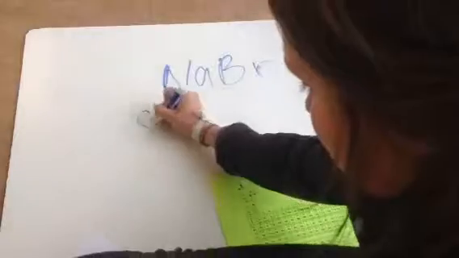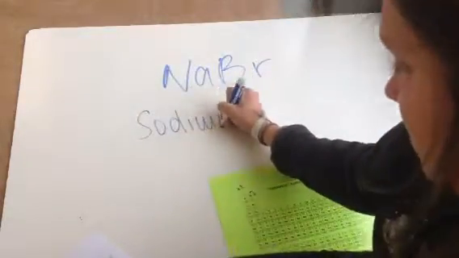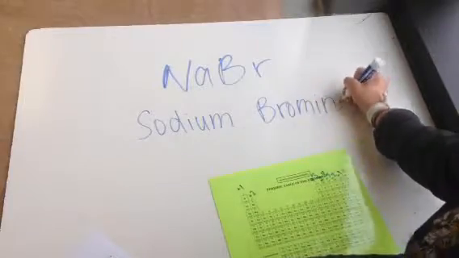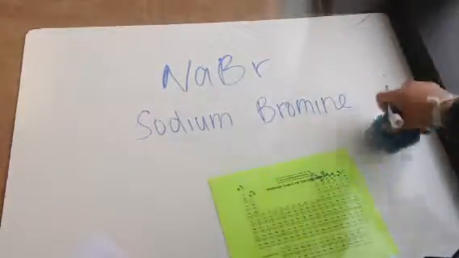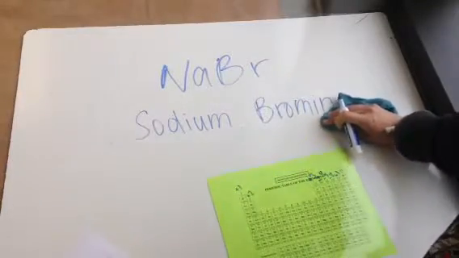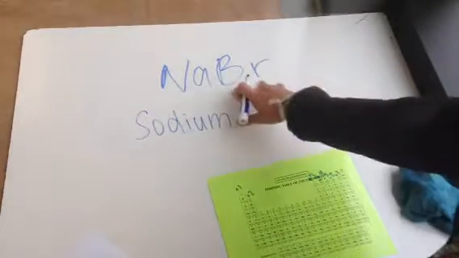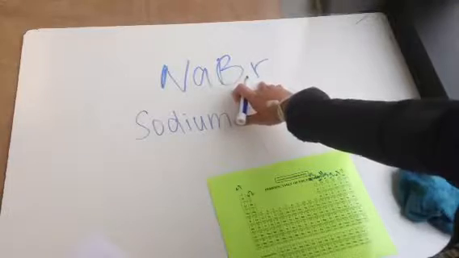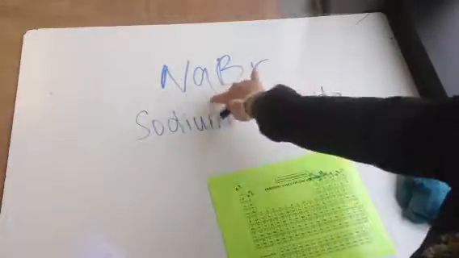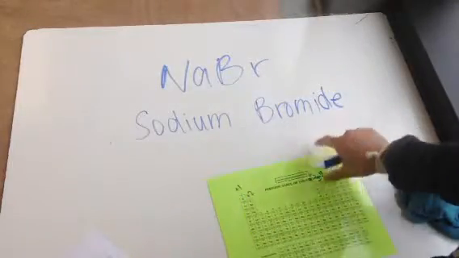Na stands for sodium, and Br stands for bromine. But actually, when you name ionic compounds, you take off the ending of the anion, the one with the negative charge, the one that comes second, and you add "ide" to the end. So NaBr is sodium bromide.